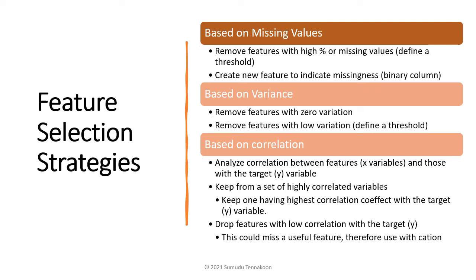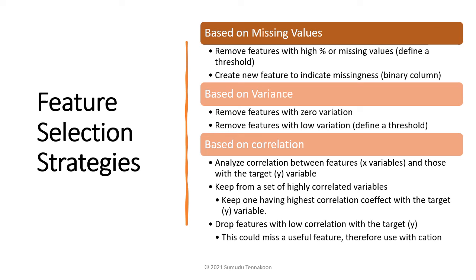But regarding dropping features, you can drop a feature with low correlation with the target. Without any doubt, if you want to drop a feature based on correlation, and it has very low correlation with the target, you can decide to drop it. But there's a catch. A variable may have only a slight correlation with the target, but combined with another variable it may create a high correlation, or improve the correlation beyond what the other variable has with the target.